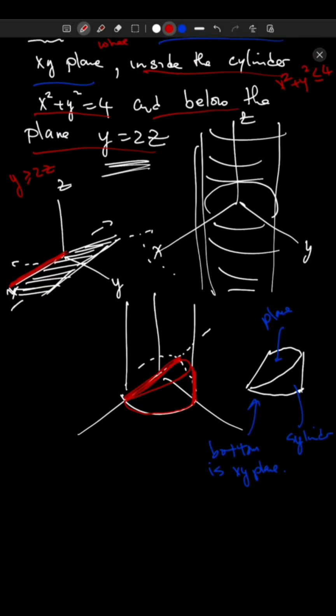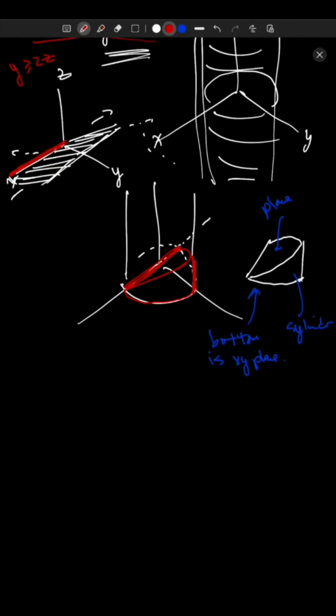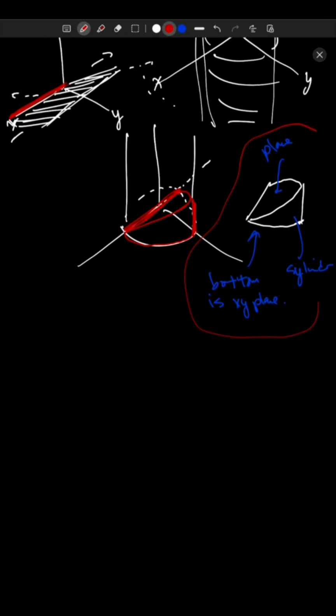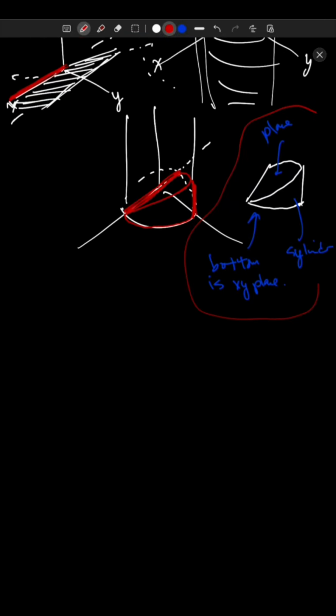But in this particular case, I'm pretty satisfied with this picture because I can see all the components of the boundary of my region. So let's set this up.